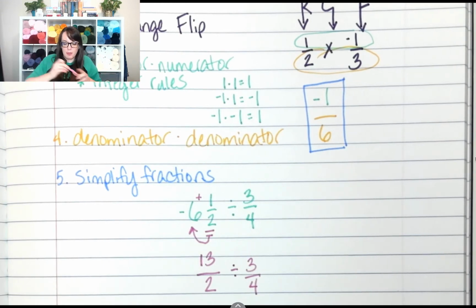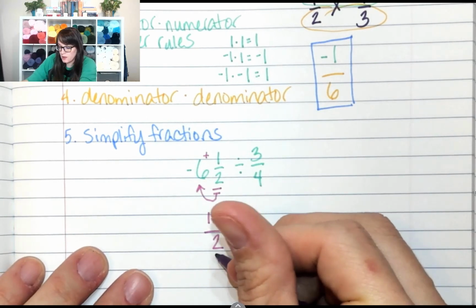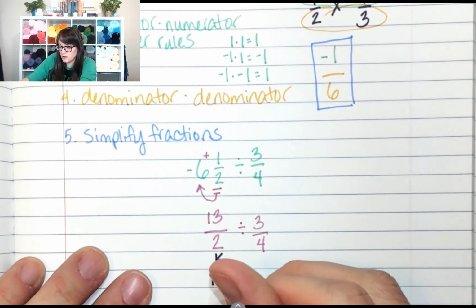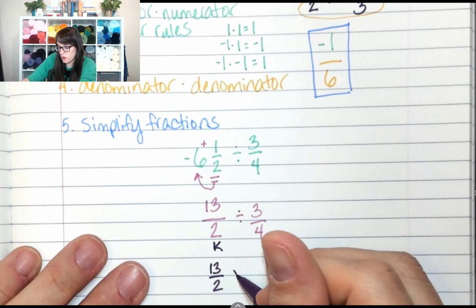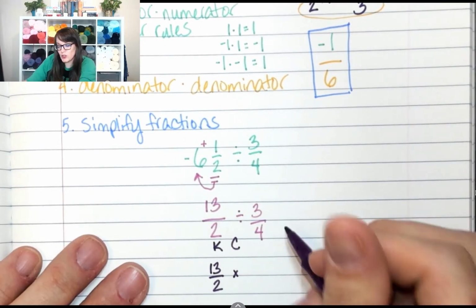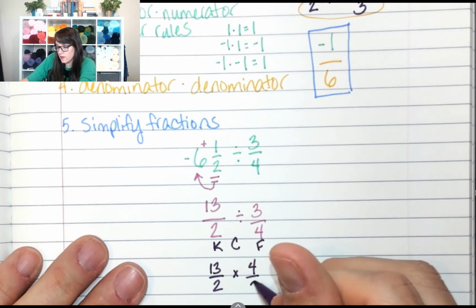All right, what is step 2? Keep it, change it, flip it. So I'm going to keep 13 over 2. I'm going to change division to multiply. And I'm going to flip 3/4 to be 4 over 3.